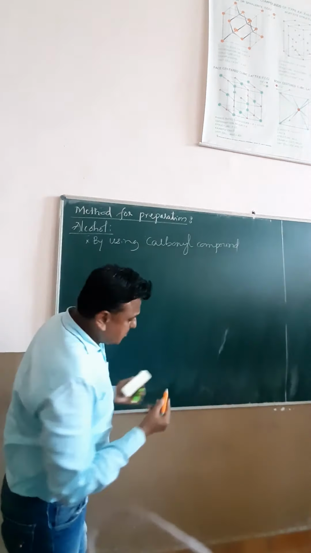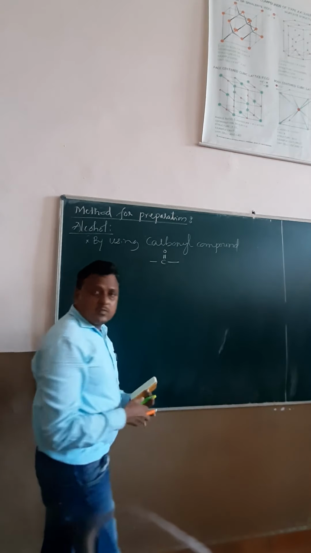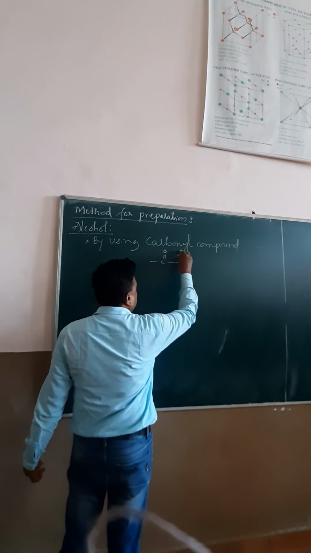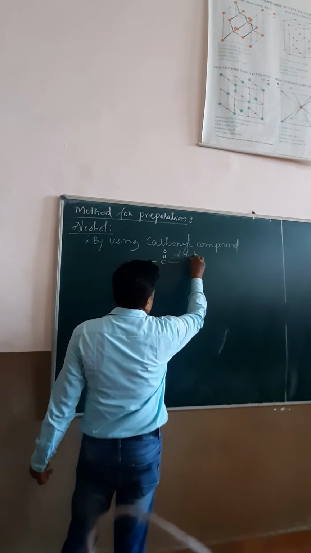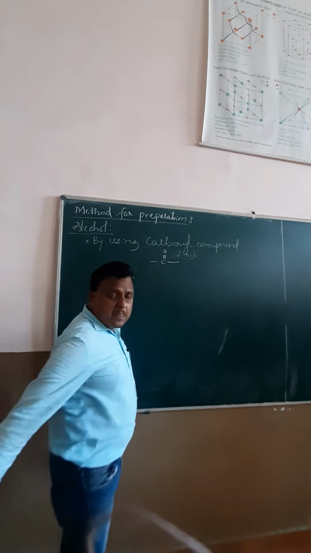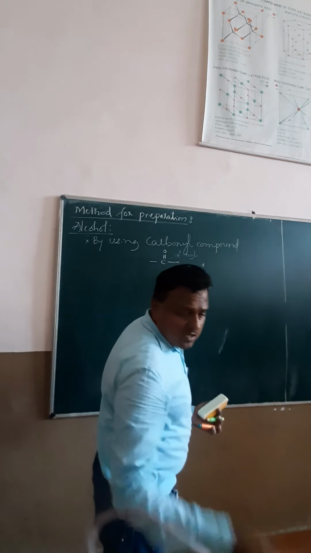Carbonyl compounds contain a carbonyl carbon. You know, this is a carbonyl carbon, and all of you know this carbon is sp2 hybridized. In our syllabus we have three carbonyl compounds.